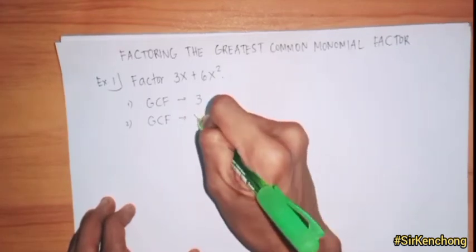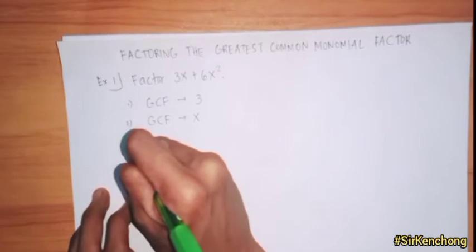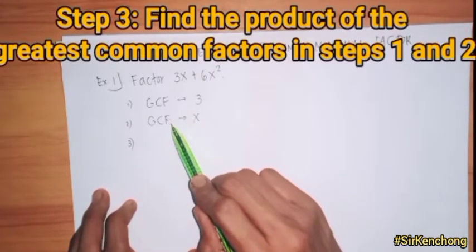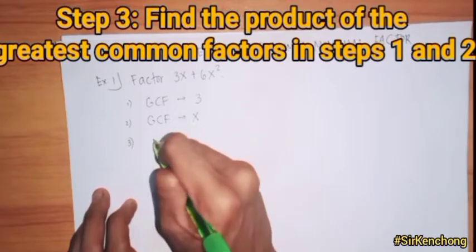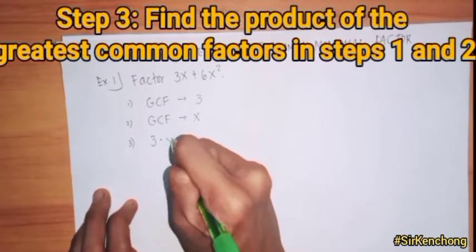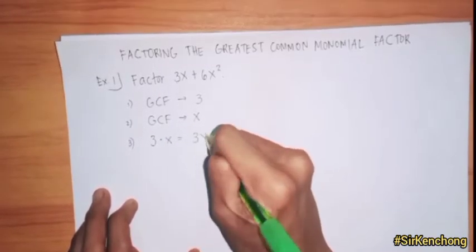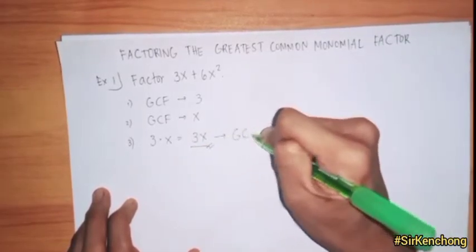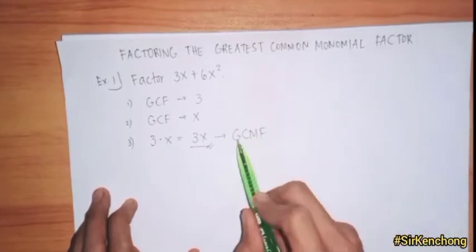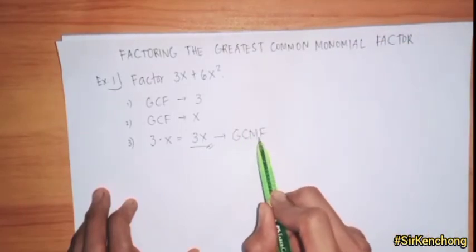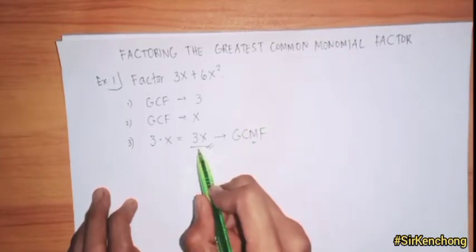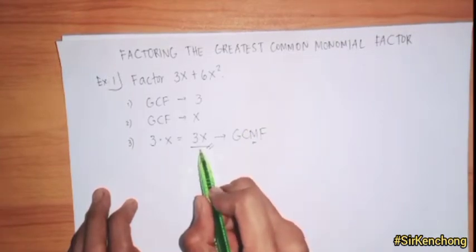Therefore, the GCF is x. Third step, find the product of these 2 greatest common factors, yung 3 and x. 3 times x is equal to 3x. At itong 3x na ito ang tinatawag nating GCMF or the greatest common monomial factor. Merong naisingit na m, monomial, kasi nga ito ay isang term lamang na polynomial.